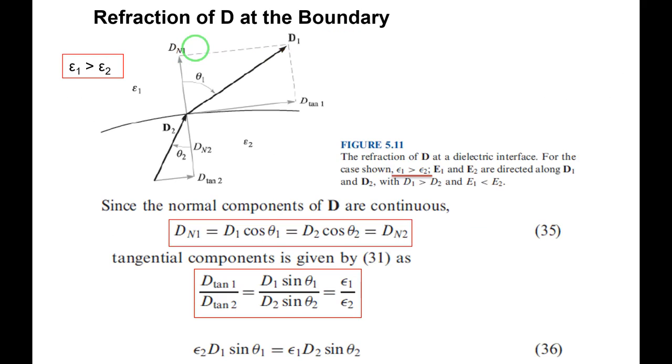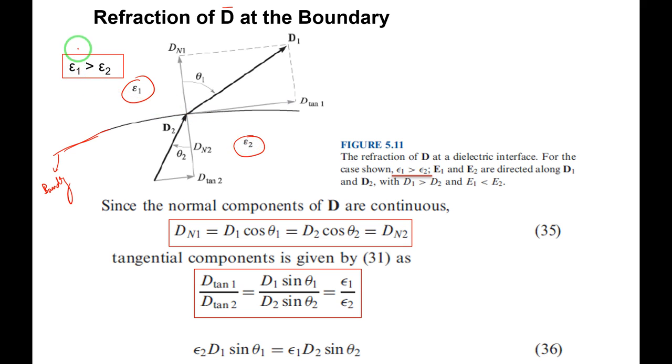We'll take up the first topic, that is refraction of the electric flux density D vector at the boundary, right? So this is the boundary. In region 1, it is having the dielectric material having permittivity of epsilon 1, and region 2, it is having the dielectric material having permittivity of epsilon 2.